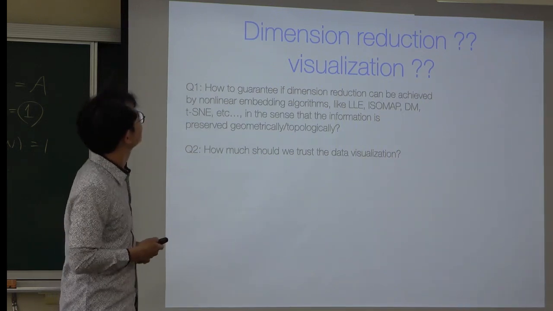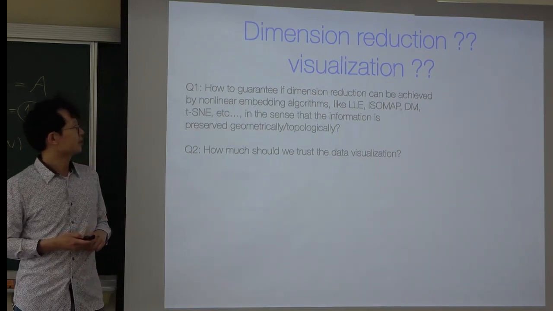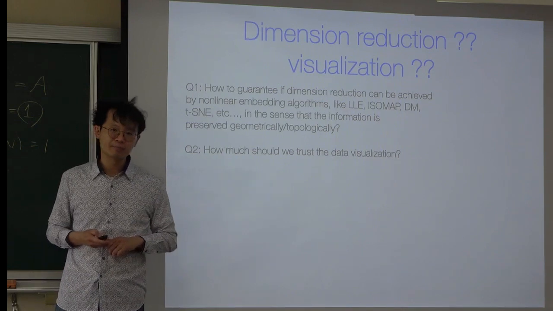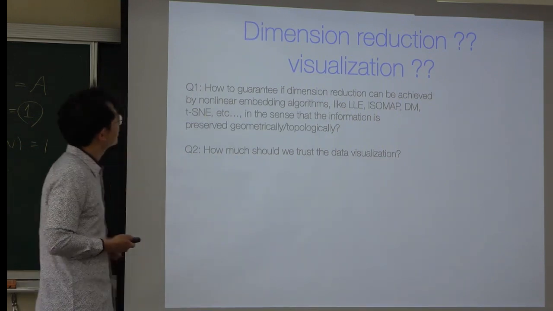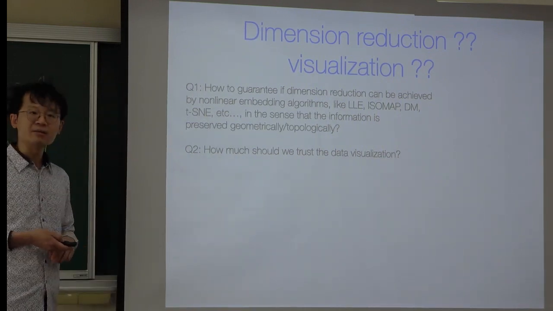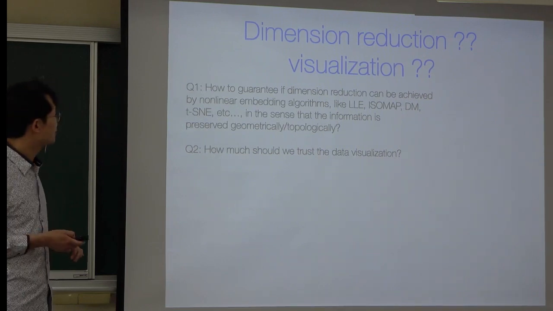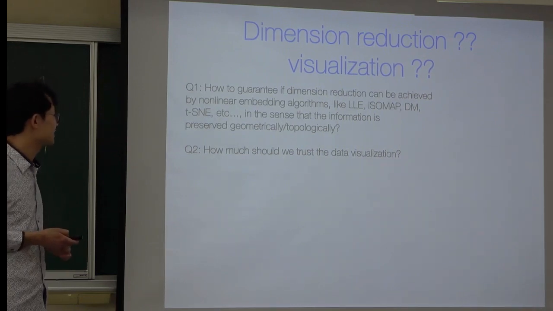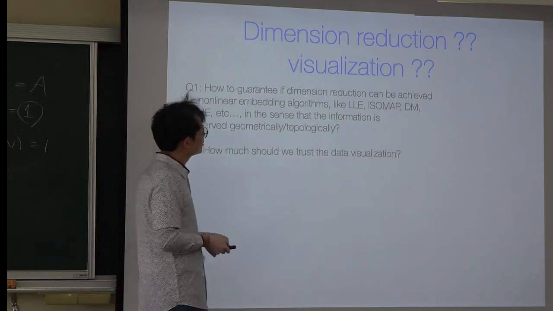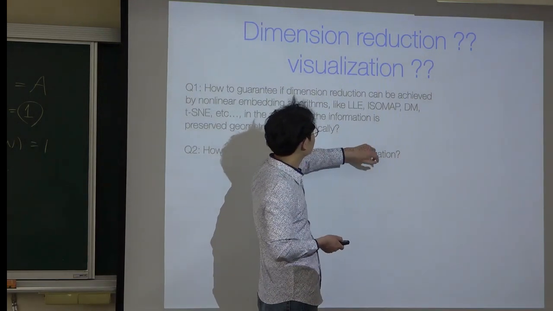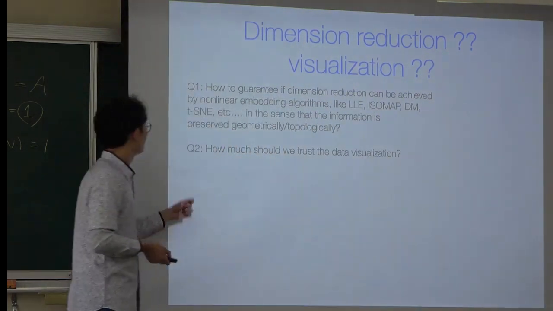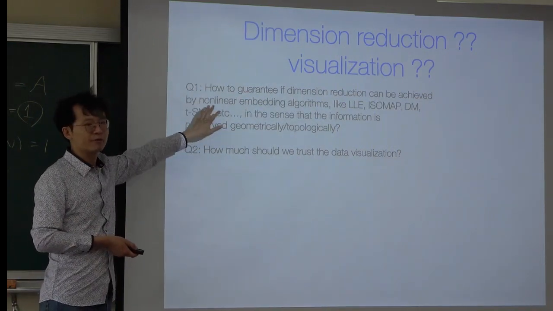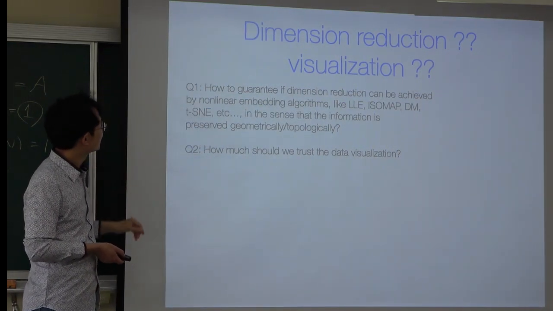The final slide is focusing on dimension reduction. Usually people say, oh, we can apply manifold learning algorithms to achieve dimension reduction or even visualization. And there are so many algorithms, for example, local linear embedding, Isomap, diffusion map, or t-SNE and UMAP, which are very popular nowadays.